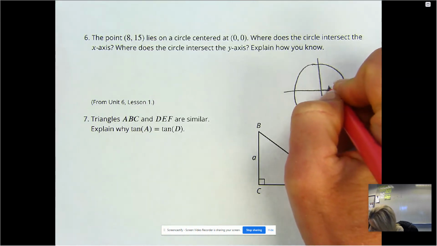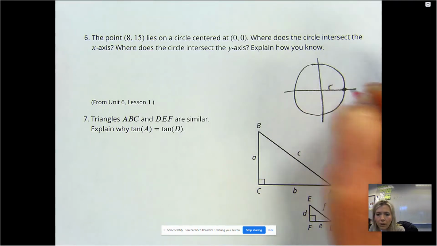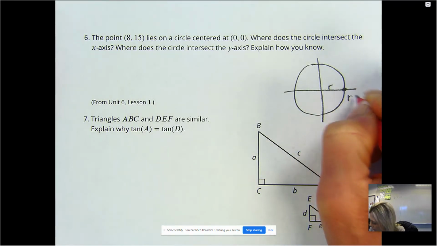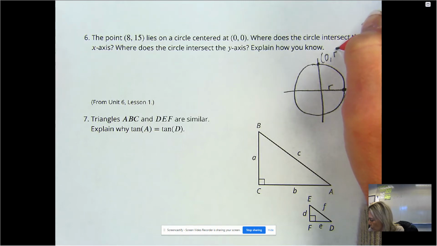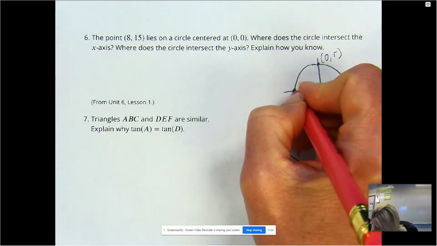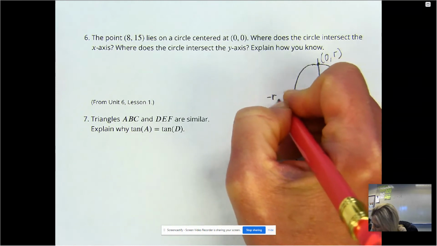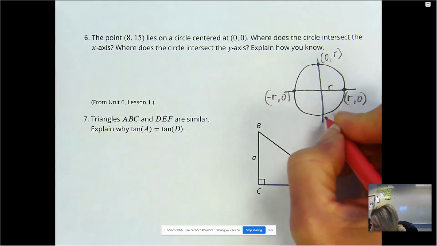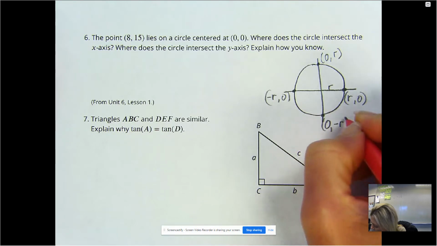If this is the radius of the circle, then this point right here will be at whatever the radius is, and then 0 for y. This point up here will be at 0 for x, and then the radius for y. And then the other two places where it intersects would be at the negative radius value, 0, and then this one here, 0, and the negative radius value for y.